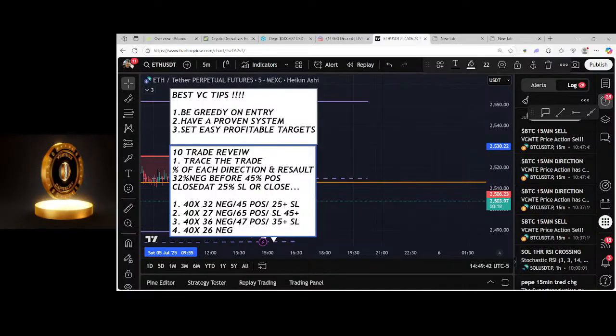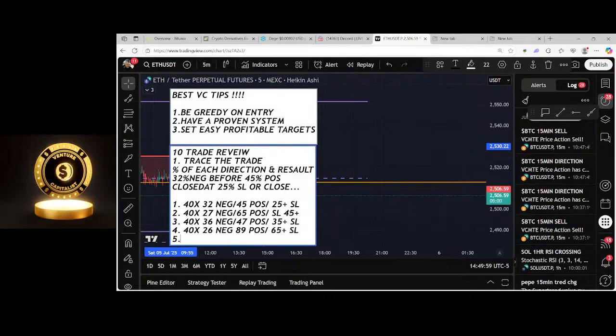I end up making 89% positive, and I close at 65% plus stop loss. I'm only going to do 5 of the 10 trades. I don't need to do all 10.